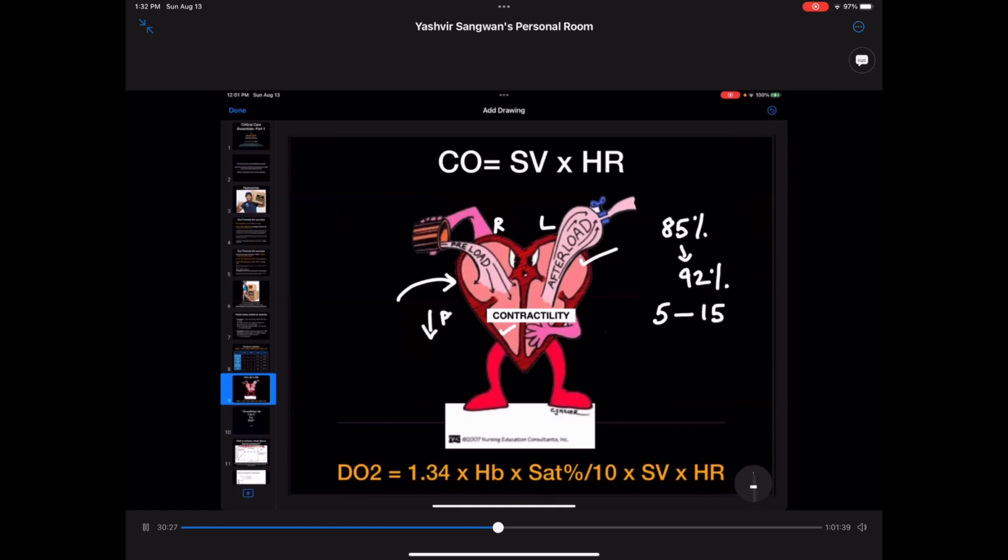So the preload decreases. That decreased preload makes sure that no matter what your contractility of the right heart, it is not being filled with the right volume of blood. So even though the ejection fraction might be 50%, it's 50% of a lesser amount.